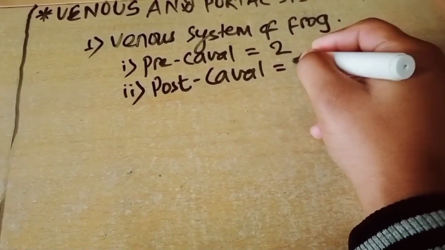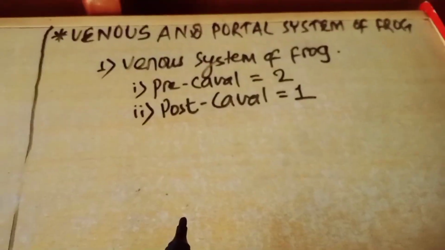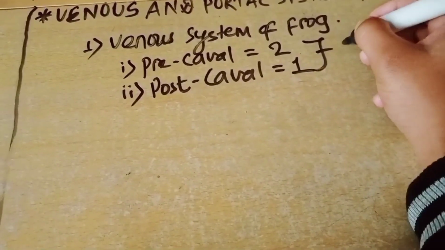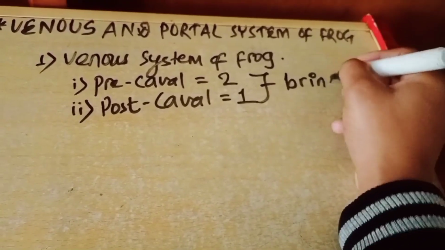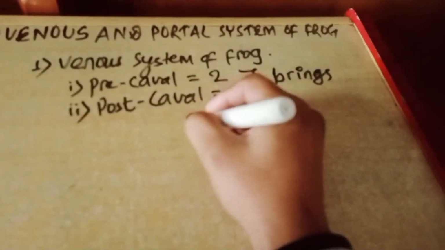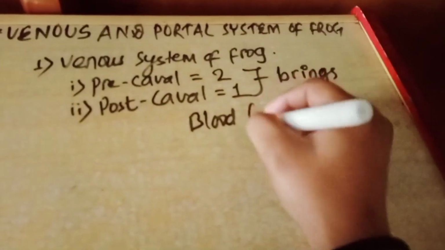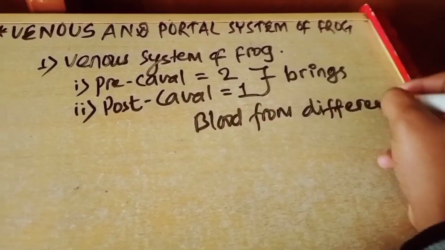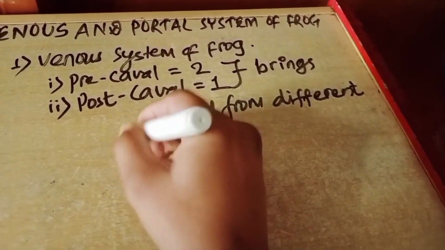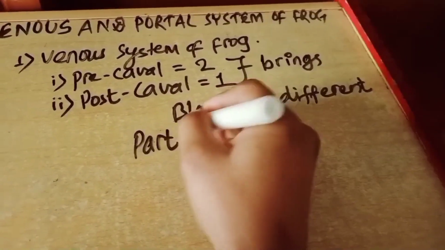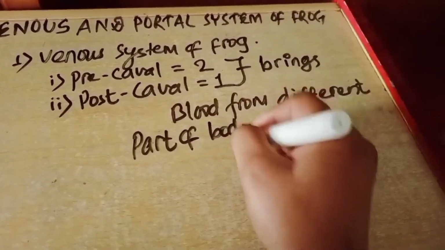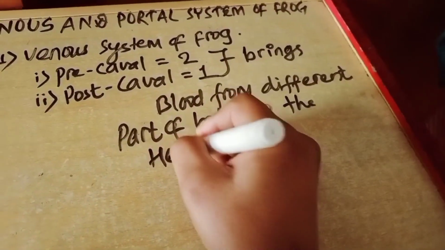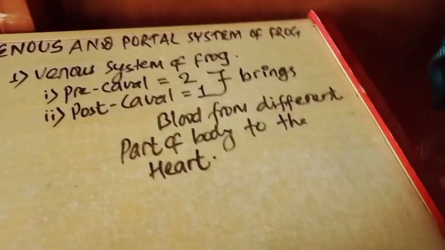These precaval and postcaval bring blood from different parts of the body to the heart. This is the function of the venous system.